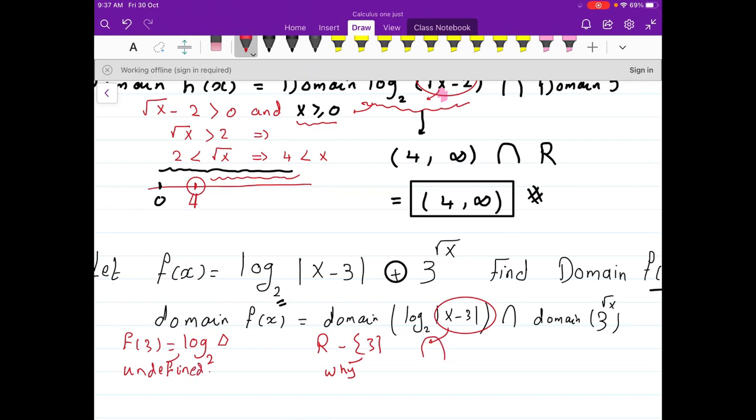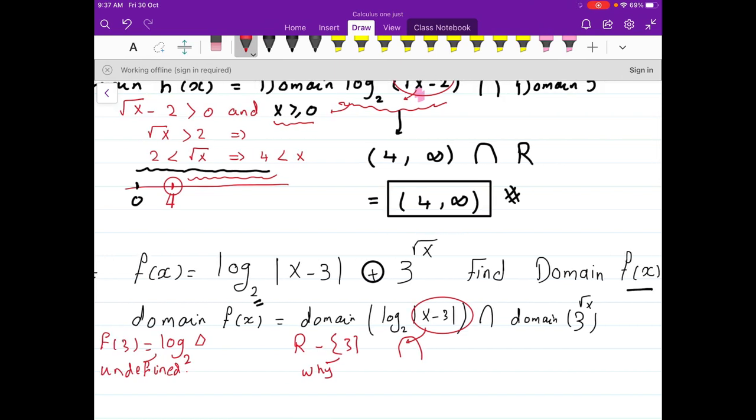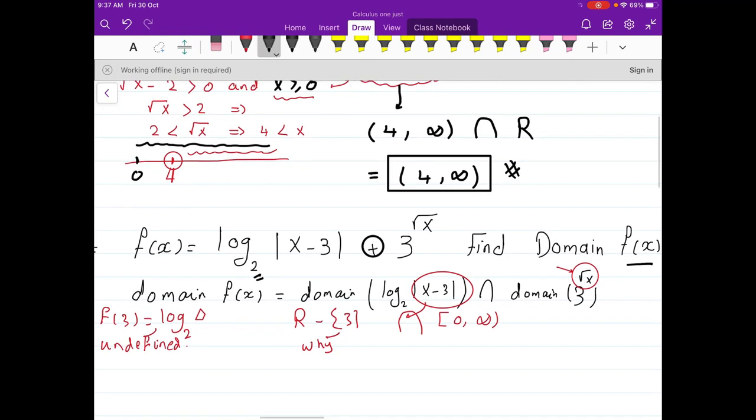Intersection with the domain of 3 to the power square root of x. The domain is the domain of the exponent. To find the domain of b to the power g of x, find the domain of the exponent. What is the domain of the square root of x? From 0 to infinity. Now, to get the answer, we take the intersection of these two intervals.